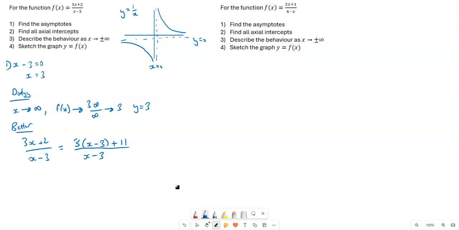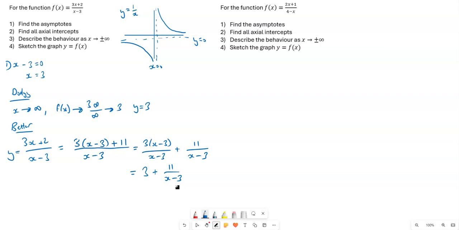Okay, and we might think to ourselves, well, what's the point of that? Because now I can split that fraction. I probably wouldn't write this line if I was doing it for real, but just to show you what's going on, we know that we can split fractions according to the numerator. And now we just have 3 plus 11 over x minus 3.